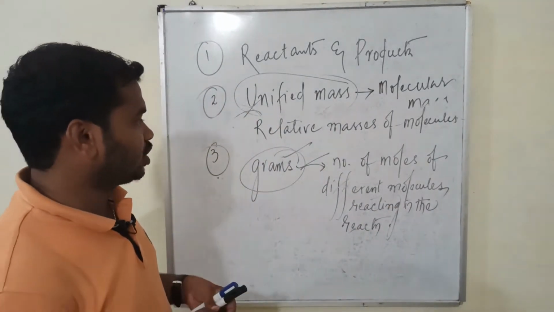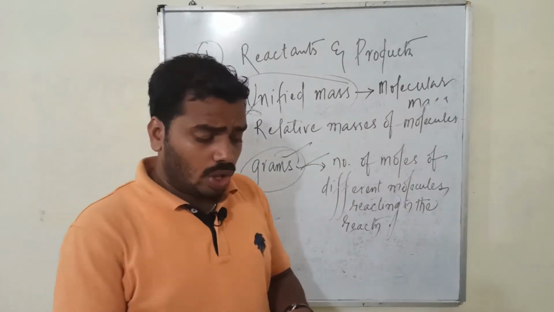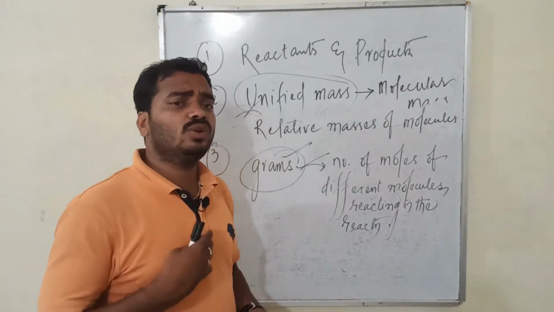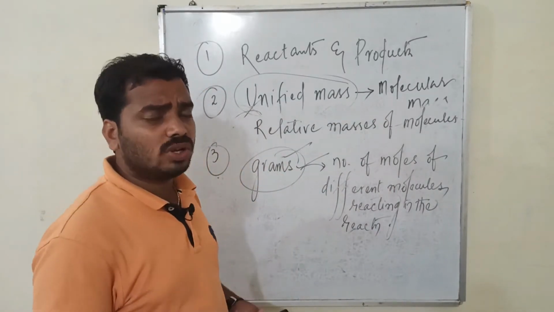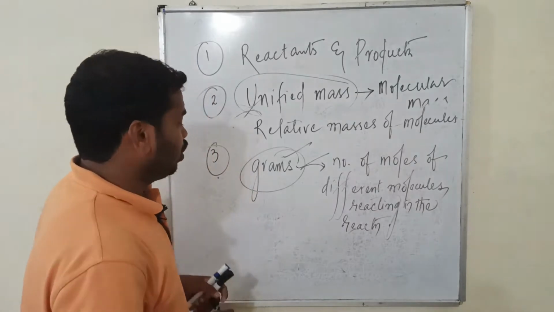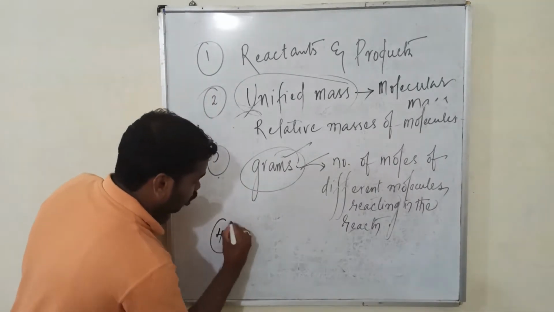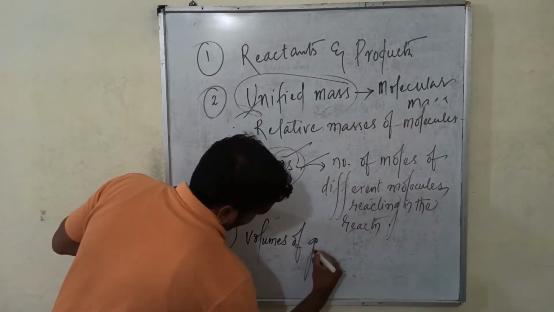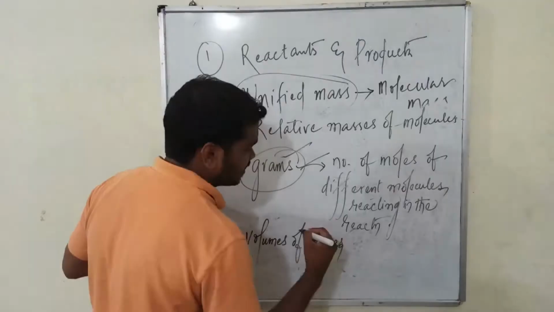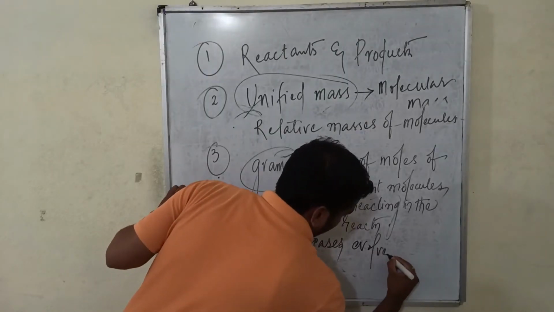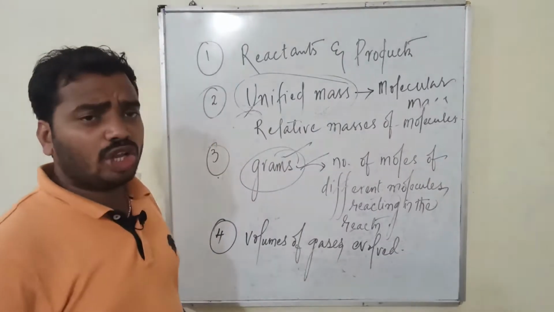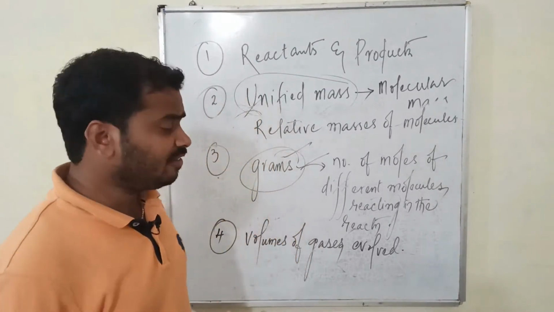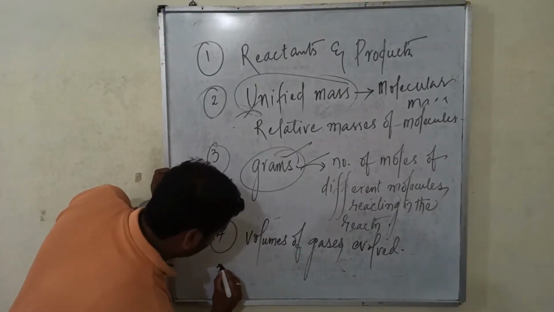Next to this, if you know the number of grams and how many molecules or moles are participating in the reaction, you can find out the volumes of gases evolved. If you know the volume of a gas and the number of molecules of the gas, you can find out the mass of the gas also.